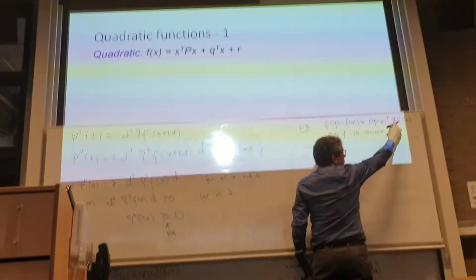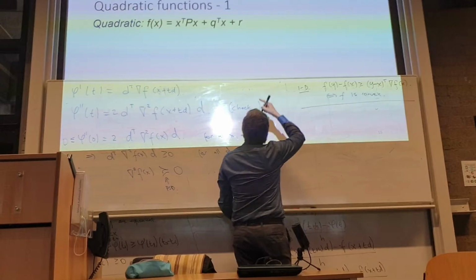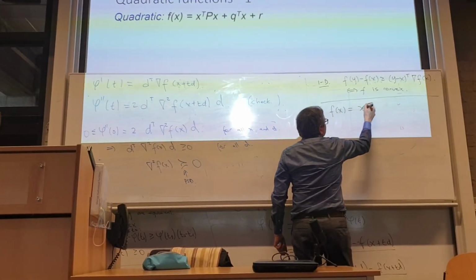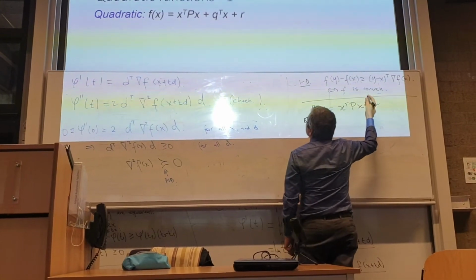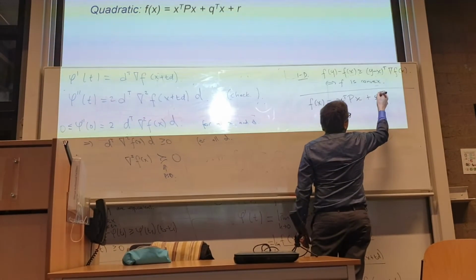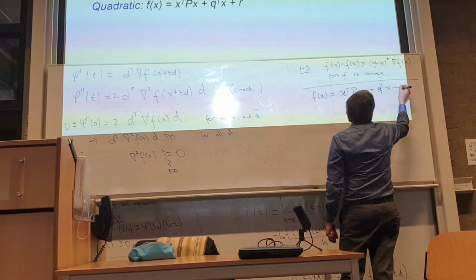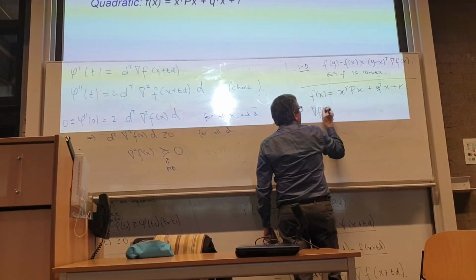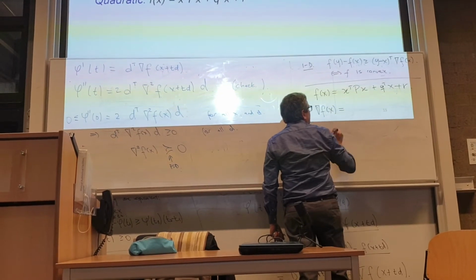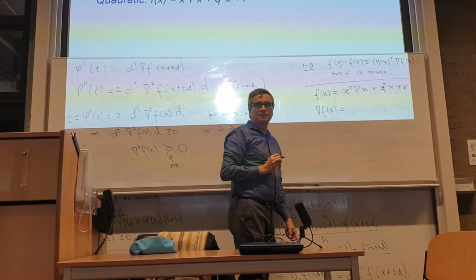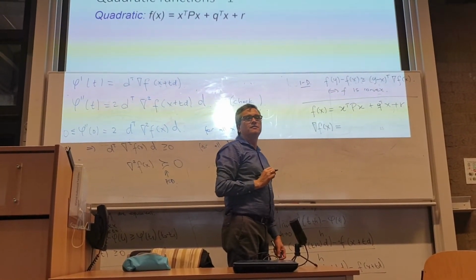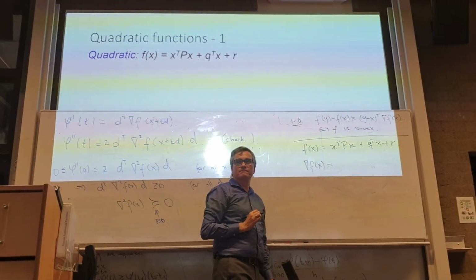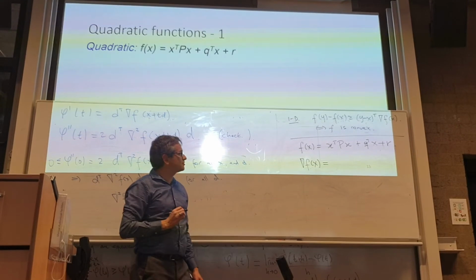So what we need to do is to compute the gradient. Now, what is the gradient of f in that case? So we have x transpose Px plus q transpose x plus r, and then we get gradient of f of x equal to what? We did this some lectures ago.